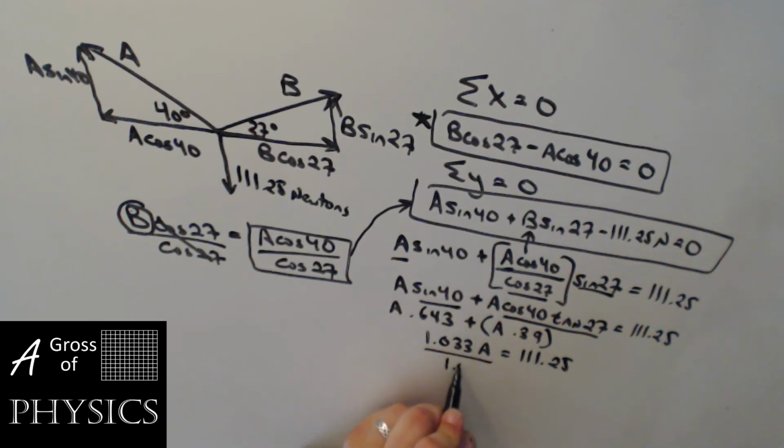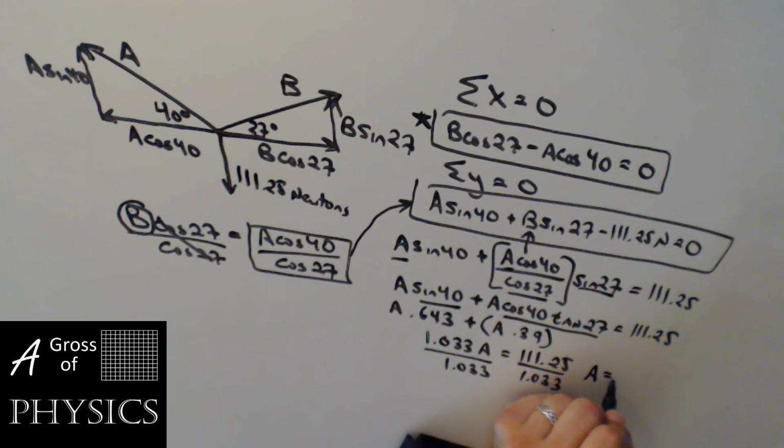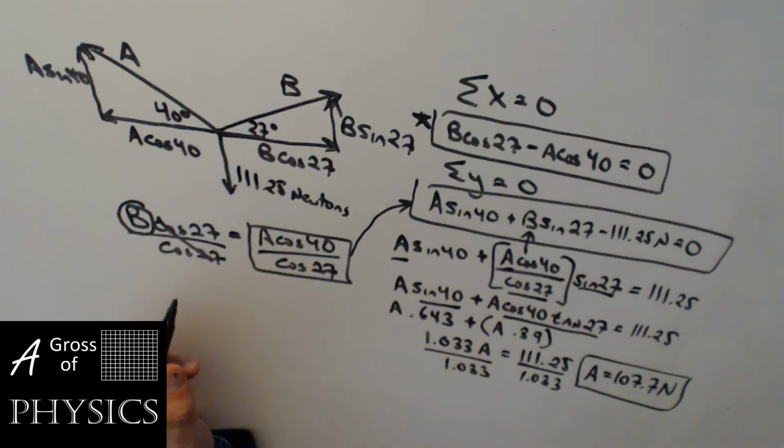Divide both sides by 1.033. So 111.25 divided by that answer, I get 107.7. A is 107.7 newtons. And use N for the units for newtons.